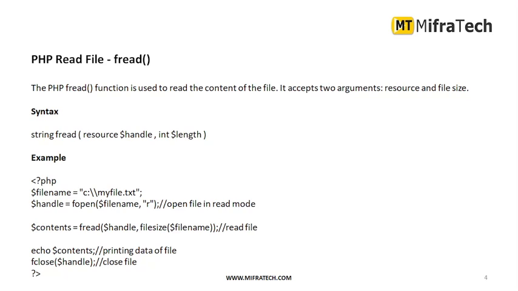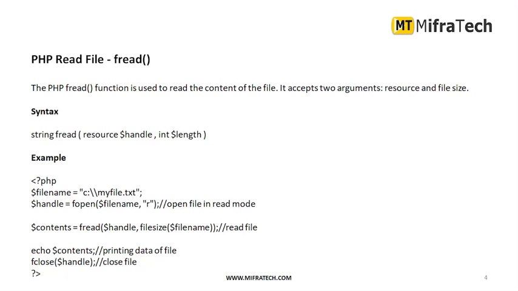Contents, fread, handle, file size of the file name. Here we are reading a file. Echo contents, printing the data of a file. Once we have read a file, the contents must be printed. Echo contents, because the variable name has been declared. Fclose handle, the file will be closed.